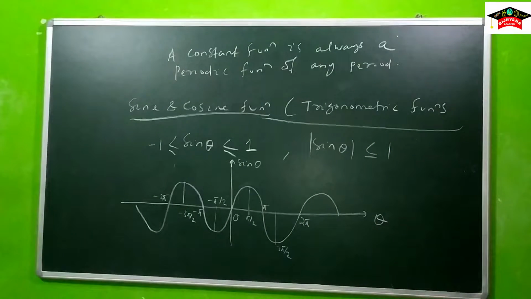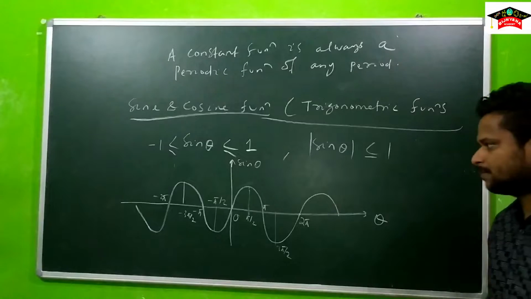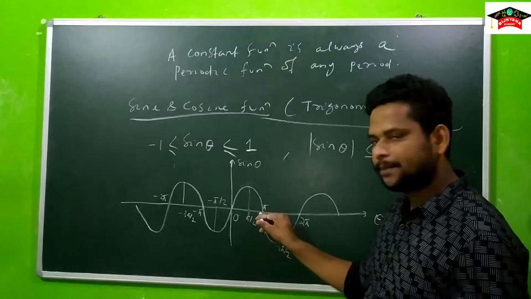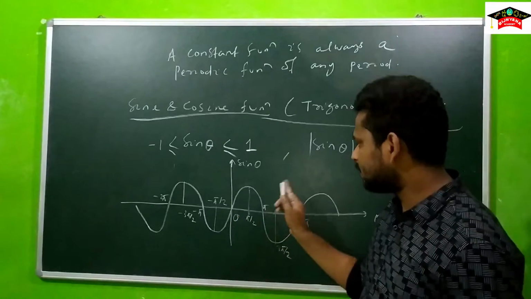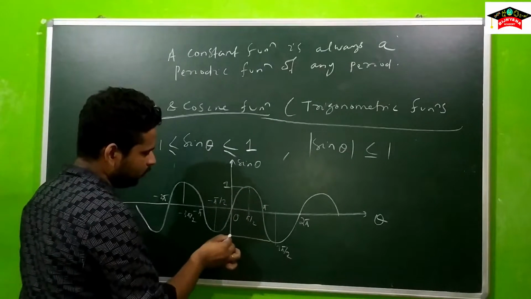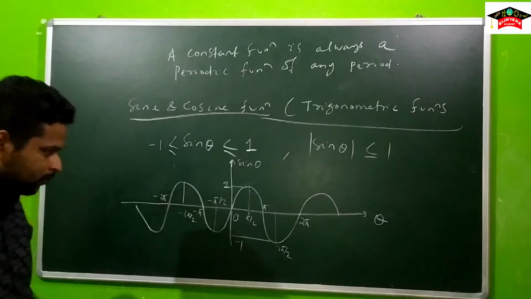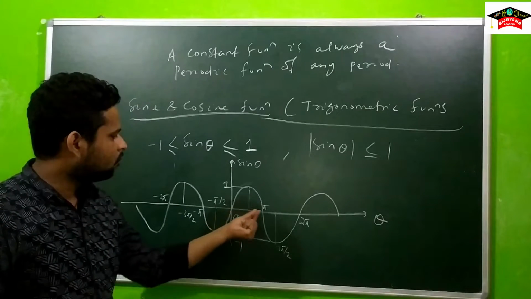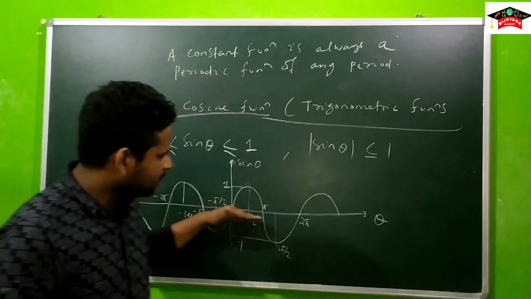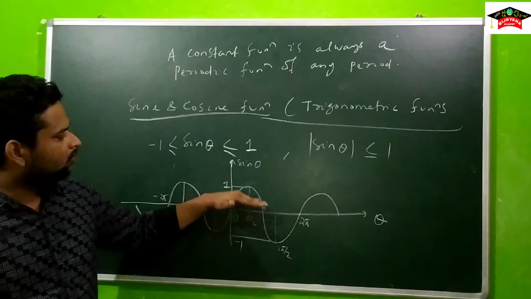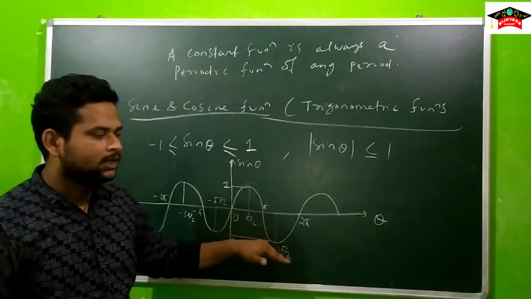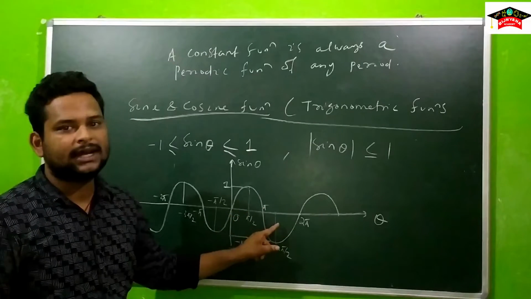Let's take an interval from 0 to pi. The maximum value is 1 and the minimum value is always -1. From 0 to pi, the graph has a spike over the theta axis, and from pi to 2 pi, it has a spike below the line. So these two graphs are never similar.